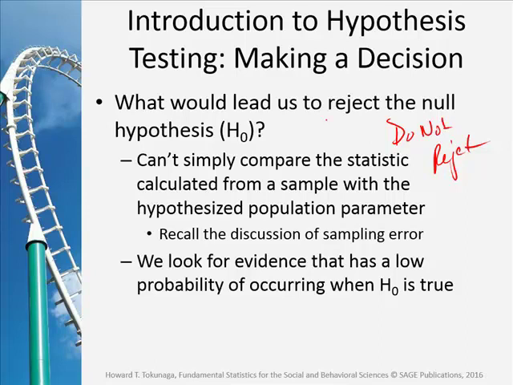So we have to say, all right, when are we going to reject the null hypothesis? Well, that's when we need to be sure that our sample statistic is a rare outcome. How do we know if it's a rare outcome? It has a low probability of occurring when the null hypothesis is actually true.